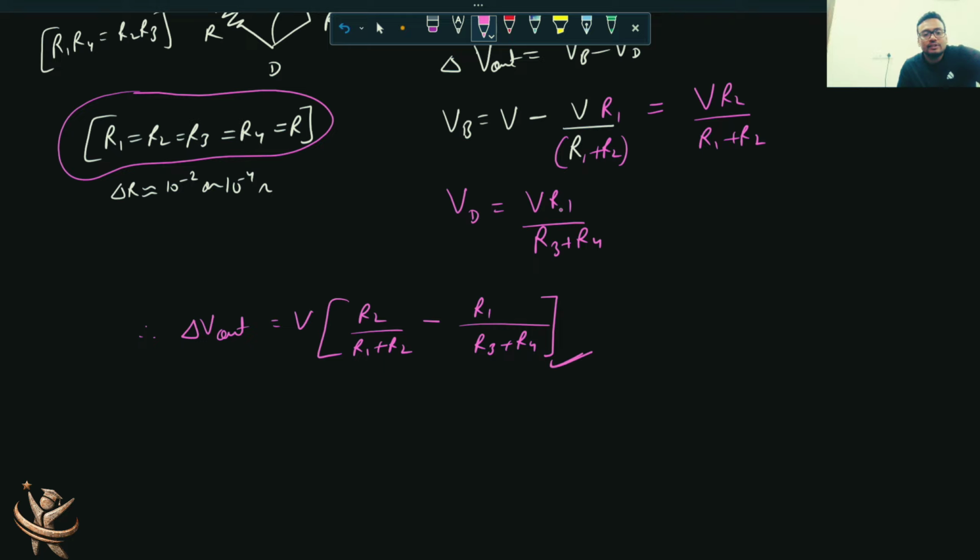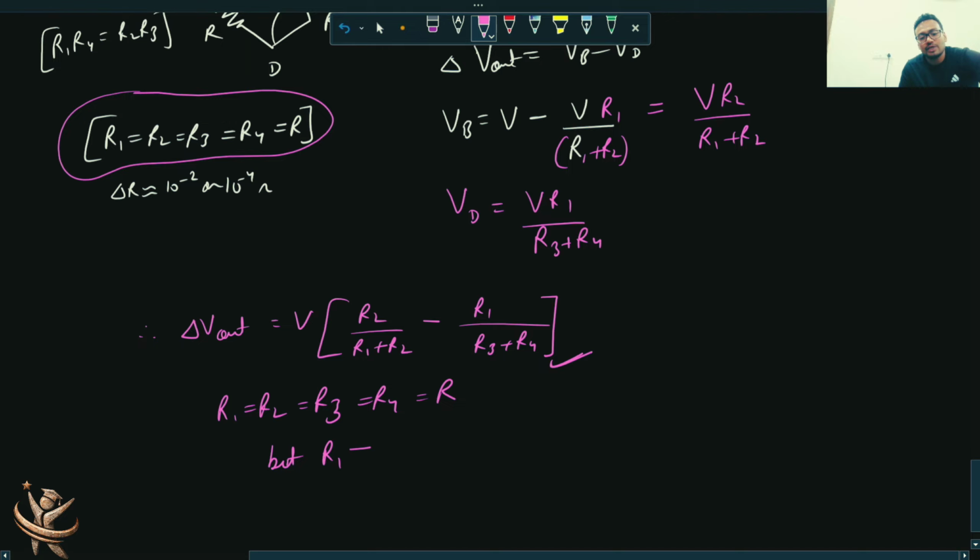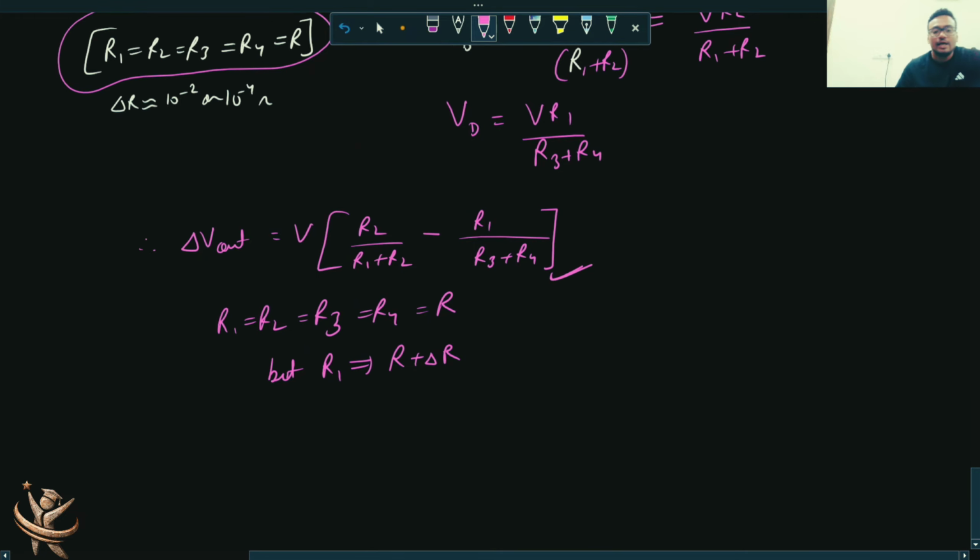And then one of them I'm changing by a very small amount, only one of them, let's say R1. So R1 equals R2 equals R3 equals R4 equals R. But this R1 I'm changing by a little bit, so it will become R, the initial value, plus delta R, right? And I'm assuming that this delta R is very small compared to that R value.